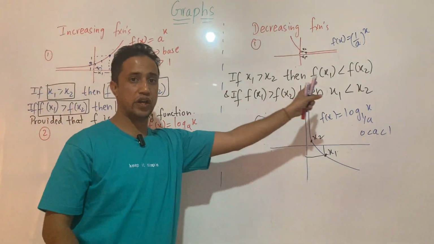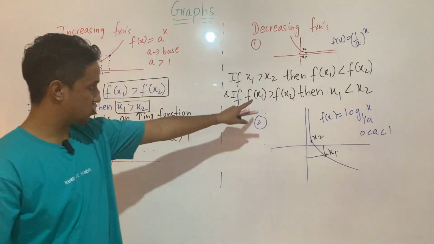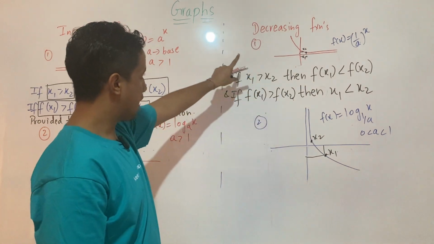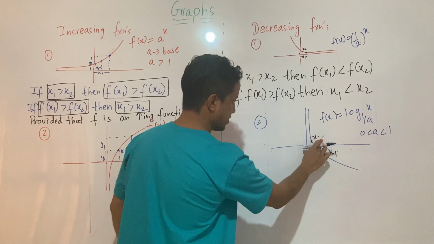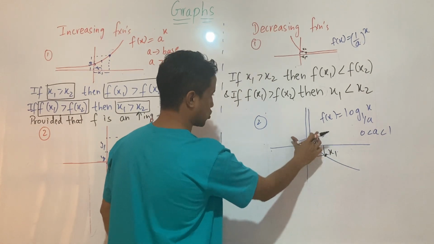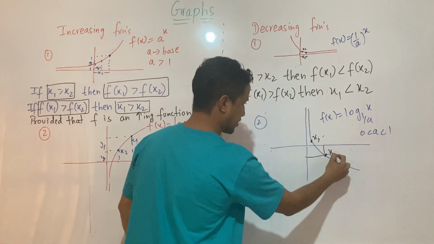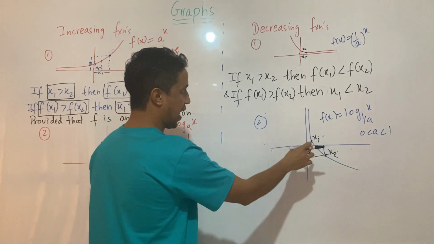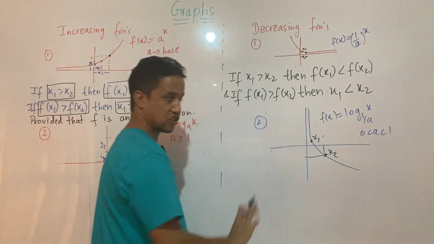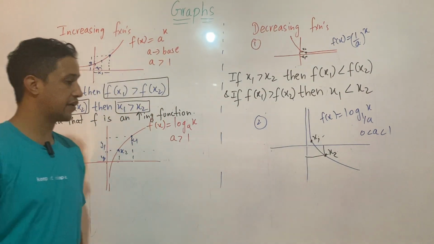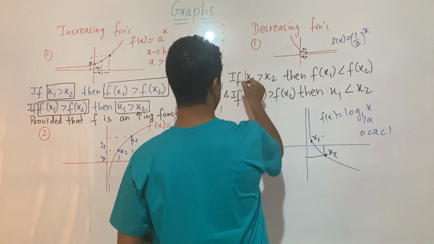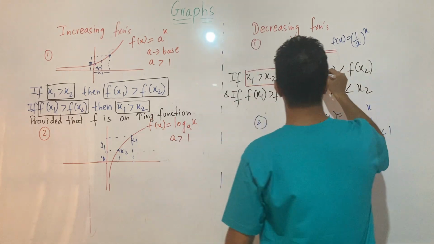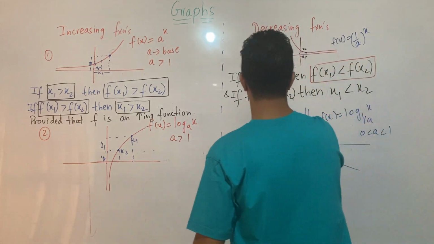The sign will get reversed. It's true. For example, if f of x1 is greater than f of x2, then x1 is less than x2. It's correct. So I'm going to put this thing here within the box, because these are very important.